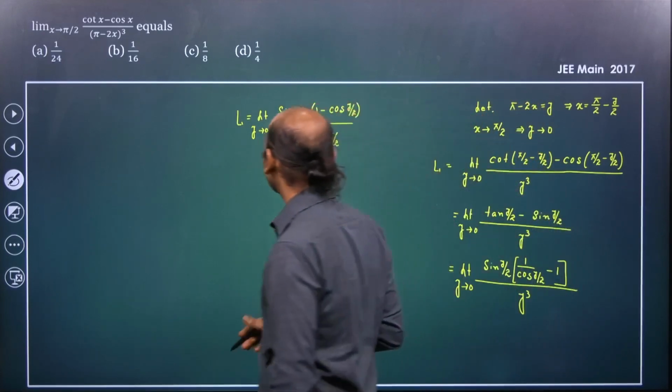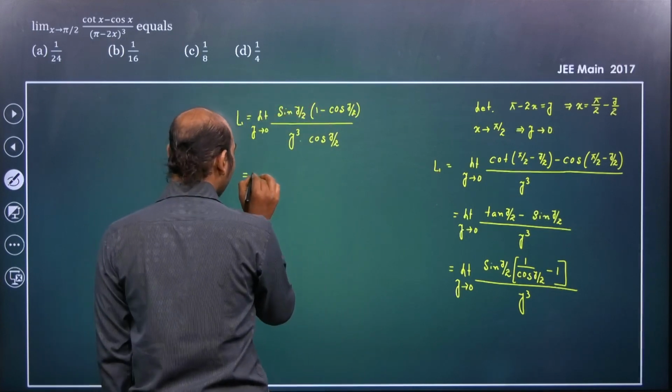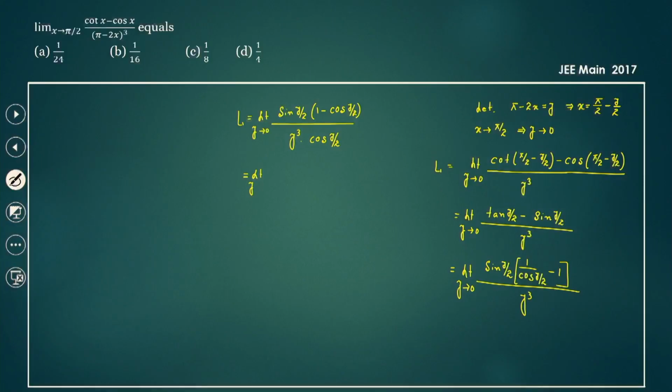And also 1 minus cos can be easily converted to sine. So let's go ahead. The limit implies limit y tends to 0 of sin y by 2 times, 1 minus 1 plus 2 sine square y by 4, divided by y cube into cos y by 2.